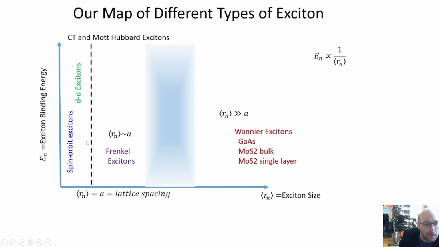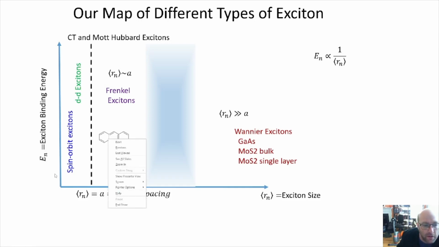So for Frenkel excitons, our first case is going to be like an acene, like anthracene or tetracene, where we have the size of the exciton that is not much greater than the lattice spacing.